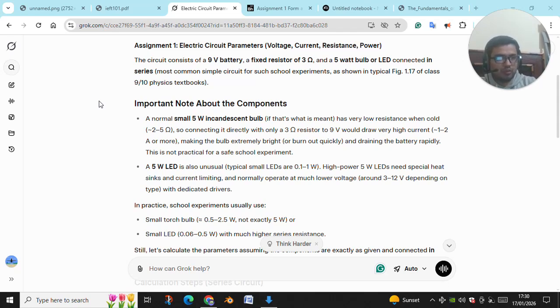The circuit consists of a 9 volt battery, a fixed resistor of 3 ohm, and a 5-watt bulb or LED connected in series. This is the most common simple circuit for such school experiments, as shown in typical Fig 1.17 for class 9 to 10th physics textbooks.